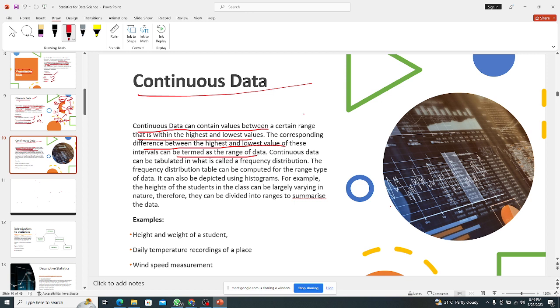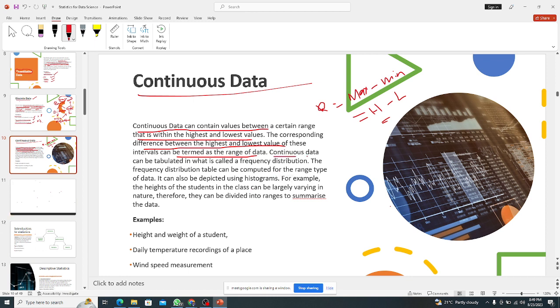Definitely we know that range is given by maximum minus minimum, that is the highest minus the lowest. So continuous data can take a range. That's what we are trying to mean.